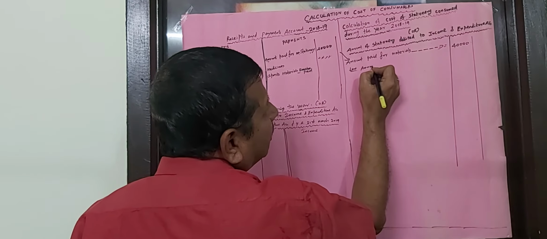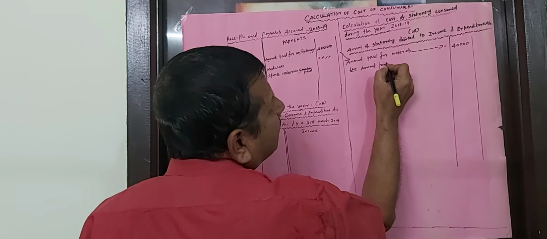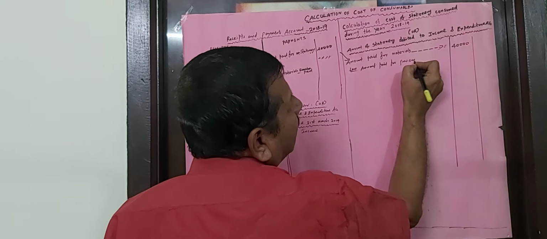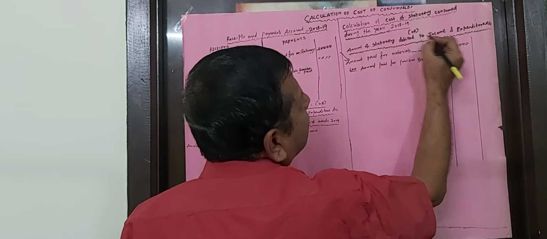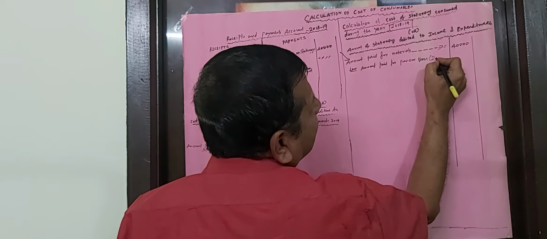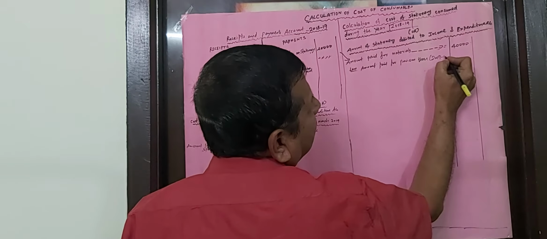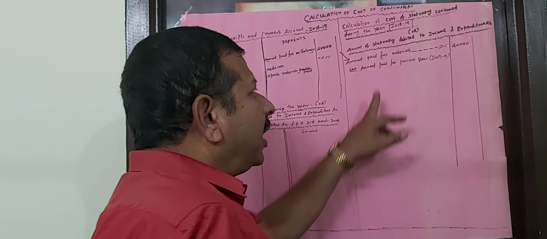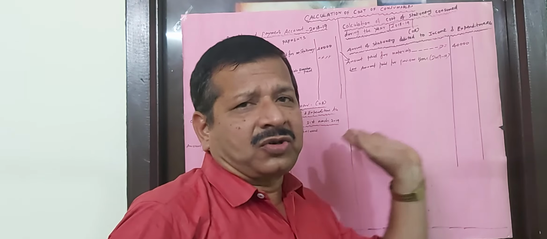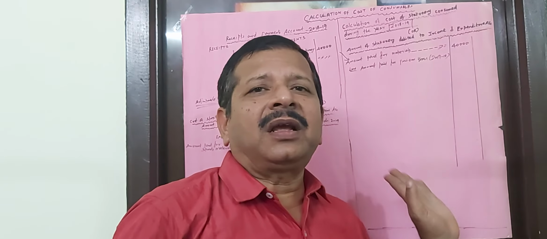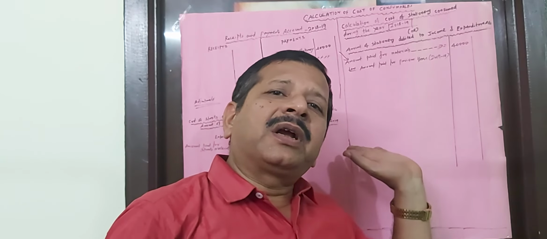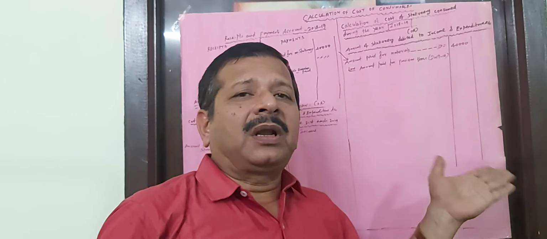less the amount paid for the previous year. The previous year means, since this is the current year 2018-19, the previous year is 2017-18. It is otherwise called last year's outstanding. Last year we had to pay it. It would have been recorded on the liability side of last year's balance sheet.